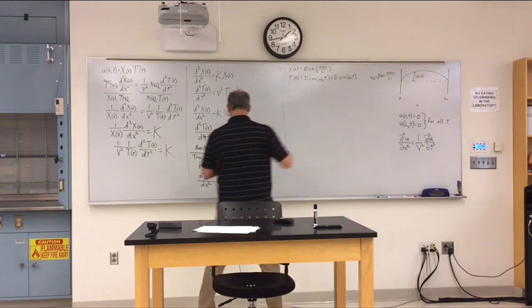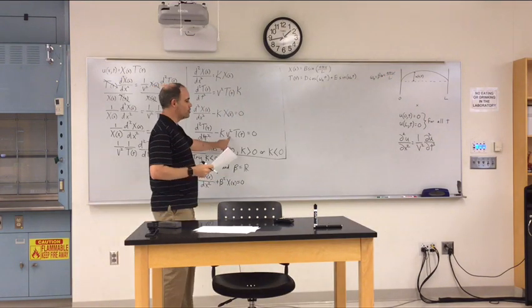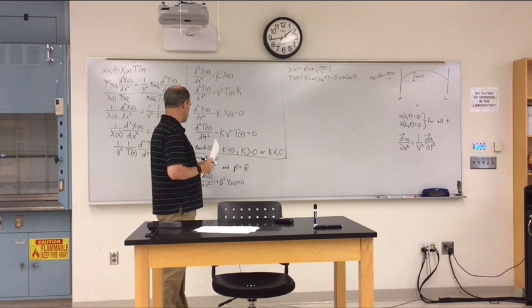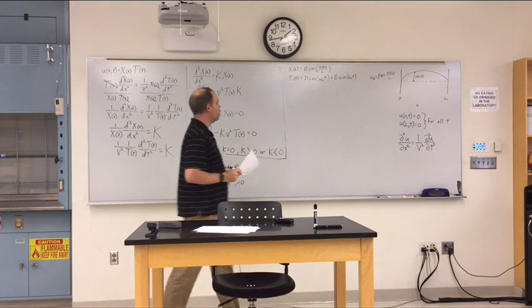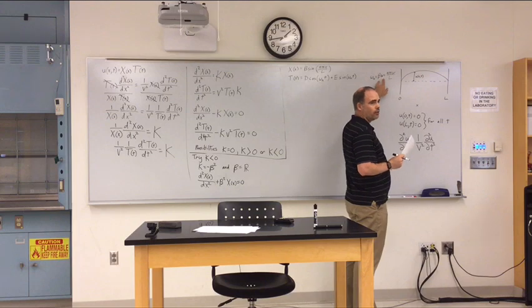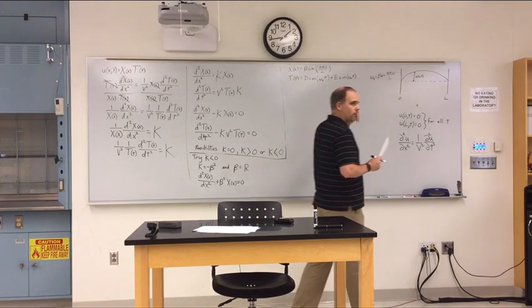That should be frequency. We need the v squared because here we have the v squared, right? And then capital K was negative beta squared, so we need the beta to go along with the v to make it work out.